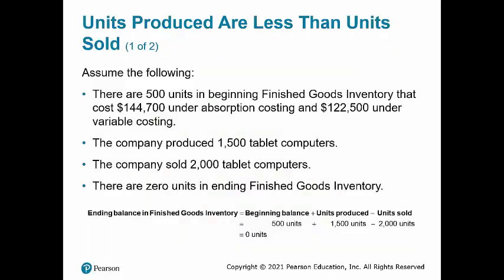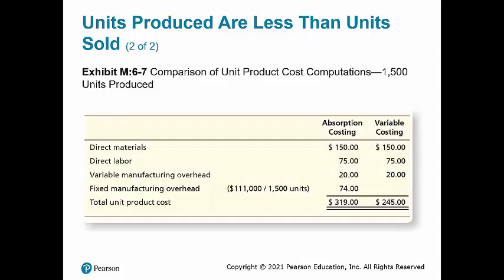When the number of units produced is less than the number of units sold, operating income under absorption costing is less than operating income under variable costing. This is the opposite of the situation that we saw previously. With the change in the number of tablets produced, the unit product cost must be recalculated. The calculations are summarized in the exhibit as shown.